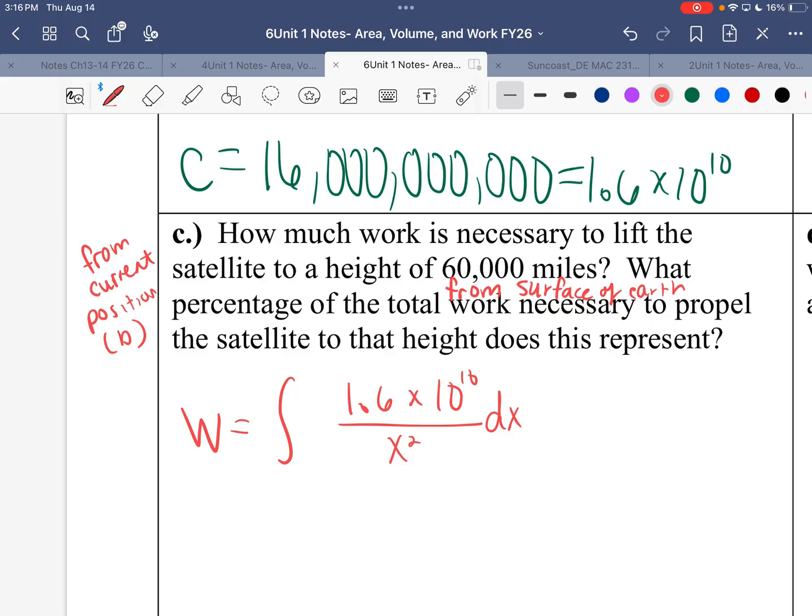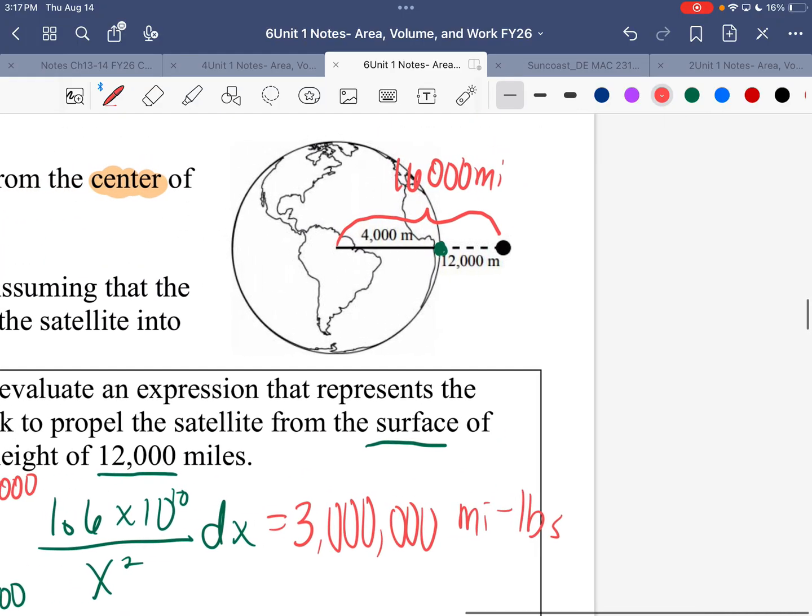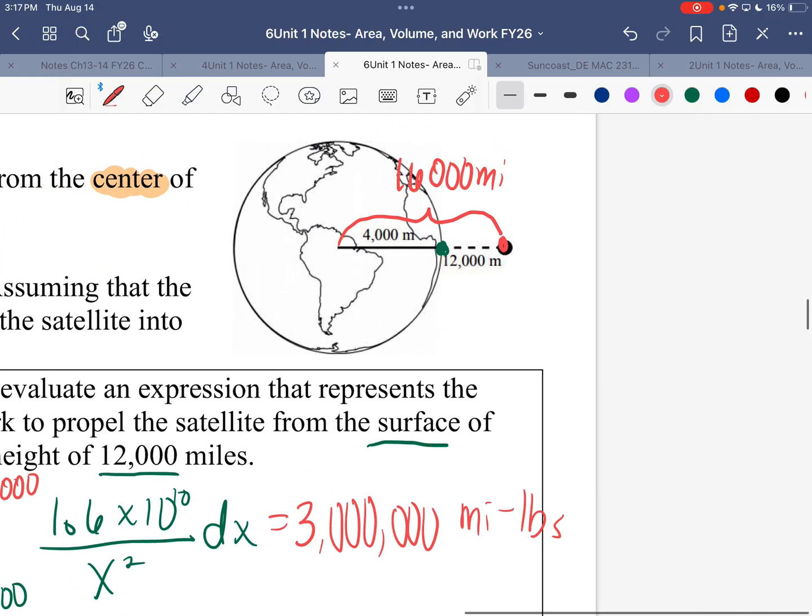So if it's going from its current position in space, let's look at B. Really, we're saying we're here, 16,000 miles. We want to go from the surface of the Earth to 60,000 miles.